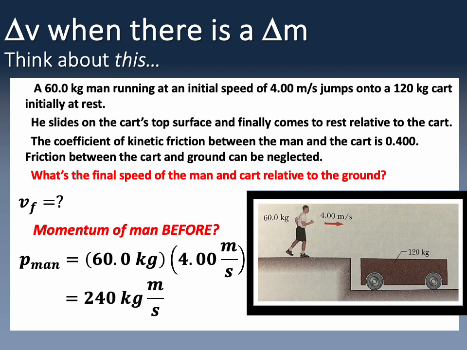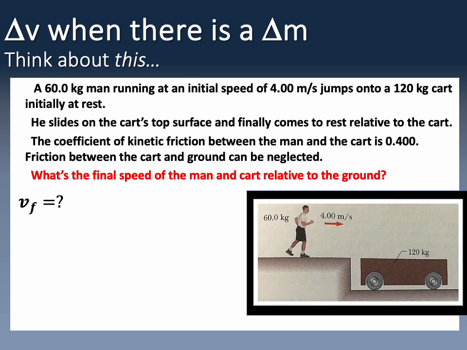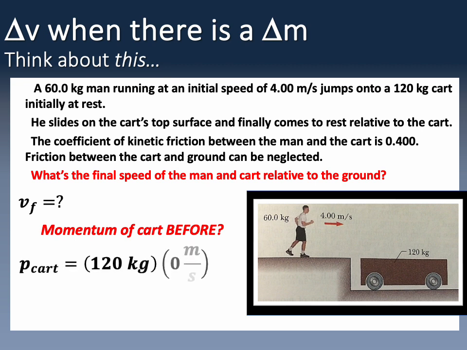So there's 240 kilogram meters per second of momentum. Don't look for a trick on this. Momentum of the cart before the human jumps on it. Well, it may have mass, but it has no velocity. So therefore, no momentum.